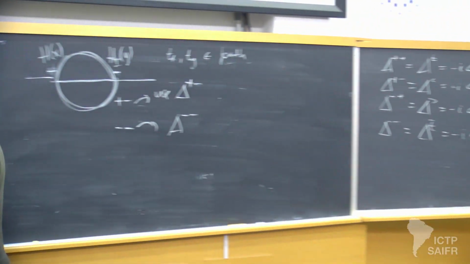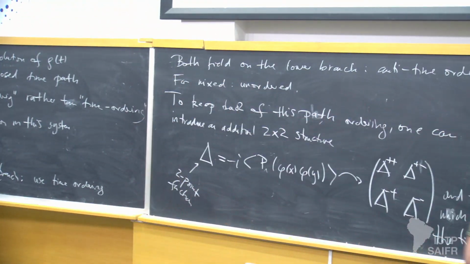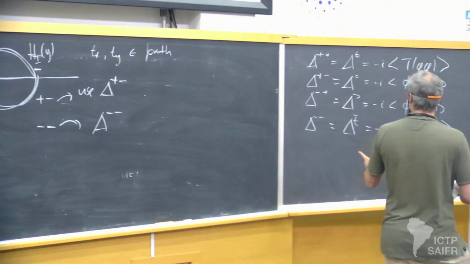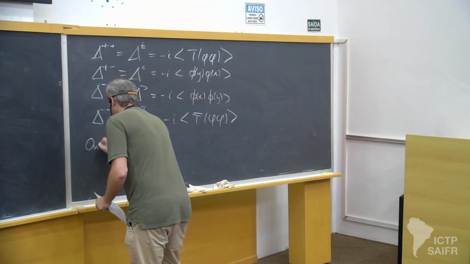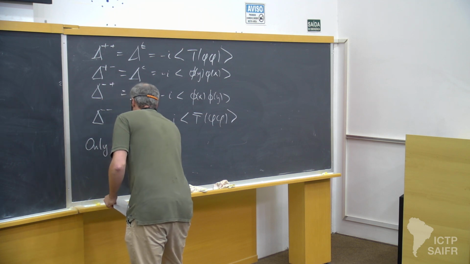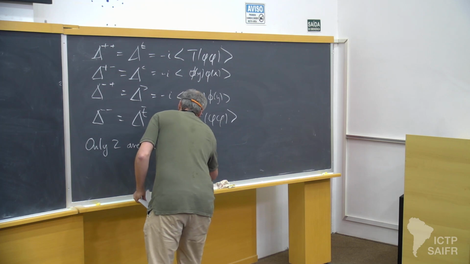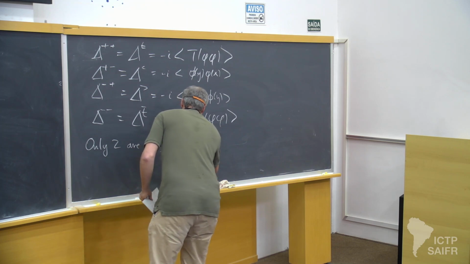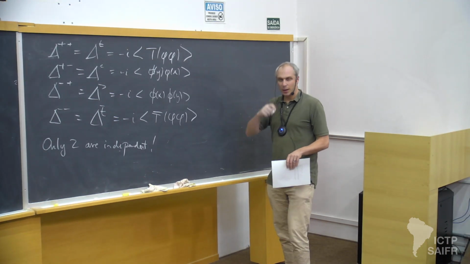Okay, so this seems horrible, because now instead of one function, we have 4 functions. But it's actually not so bad, because only 2 of these are independent. Why do you think these are dependent?